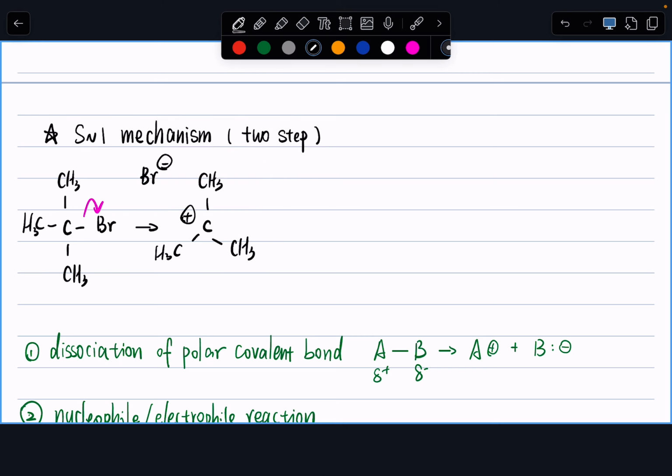But in this case, my Br minus is not acting as my nucleophile. It's my water acting as a nucleophile, or methanol acting as a nucleophile.